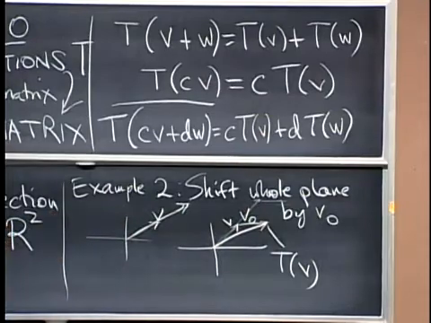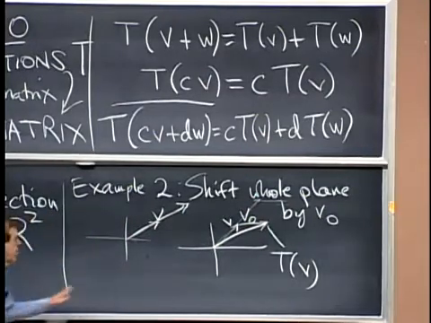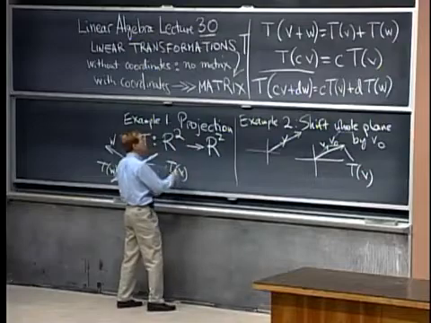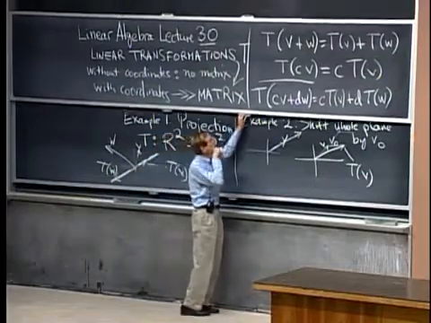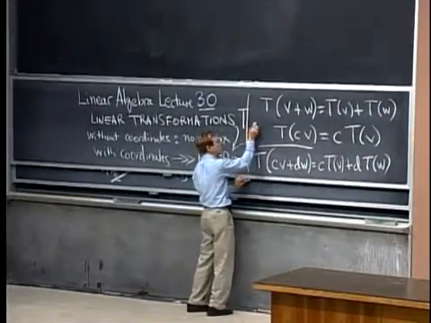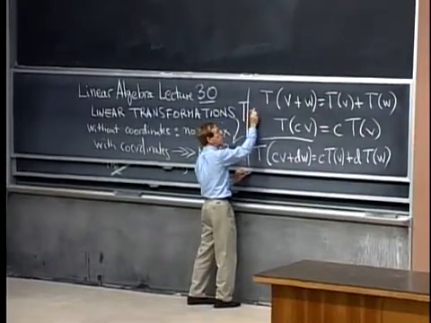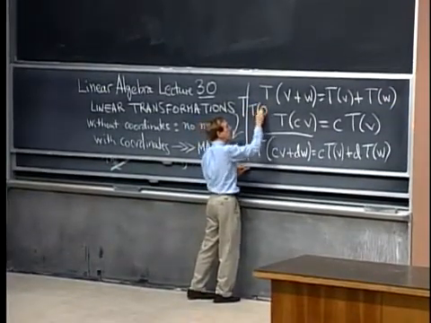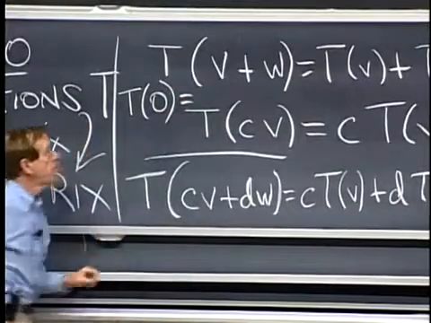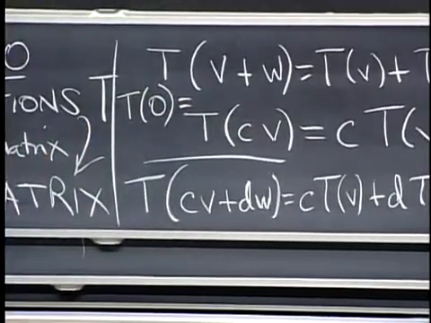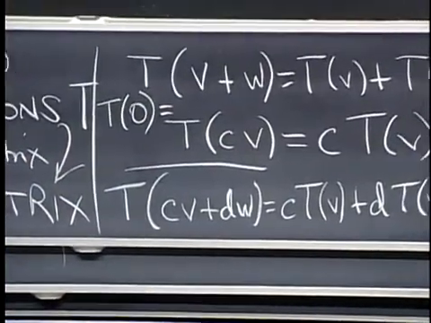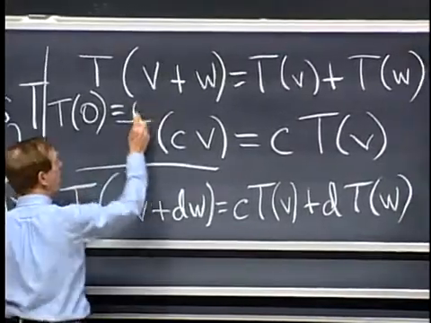of v. In fact, a linear transformation, what is T of 0? That's just like a special case, but really worth noticing. The 0 vector in a linear transformation must get transformed to 0. It can't move.